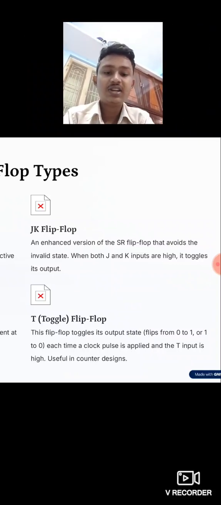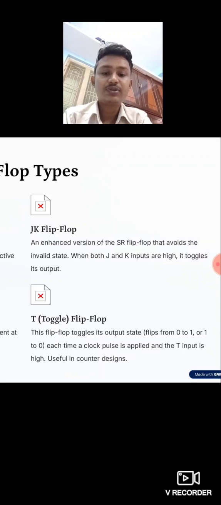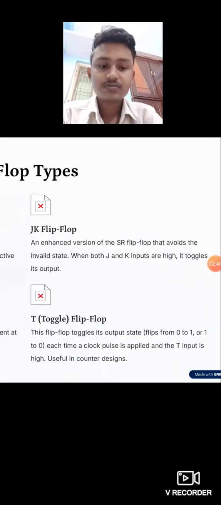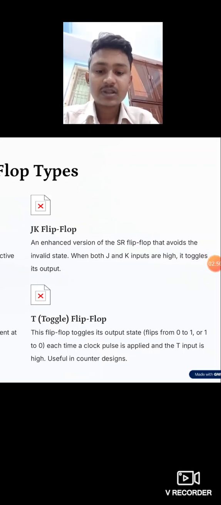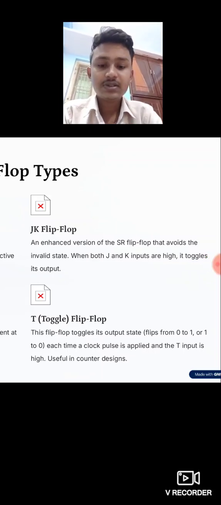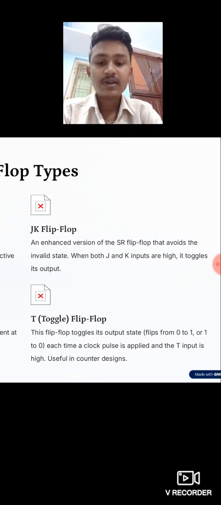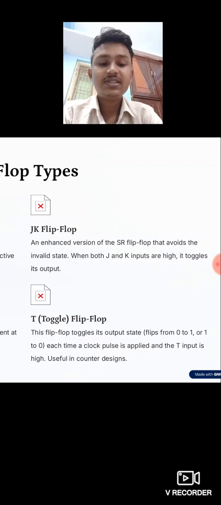When both J and K inputs are high, it toggles its output. Now, the T, or toggle, flip-flop. This flip-flop toggles its output state from 0 to 1 or 1 to 0 each time a clock pulse is applied and the T input is high. It is useful in counter designs.